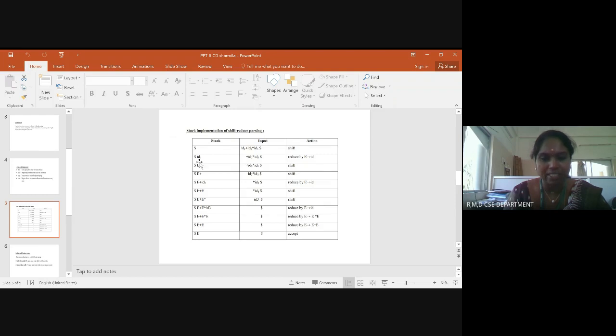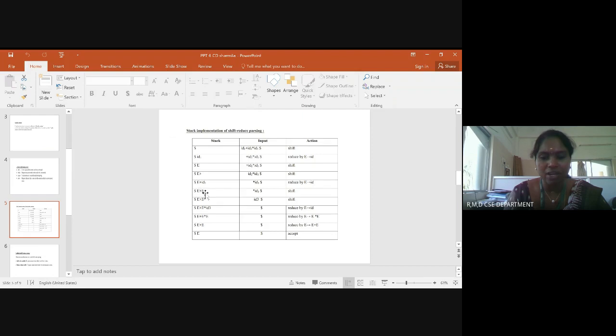For ID1, the production is E tends to ID, so we reduce it, and the stack now holds E. Next we shift the plus onto the stack, so the stack contains E plus. Again we shift ID2, giving E plus ID, and reduce it by E tends to ID, so ID2 is changed to E.